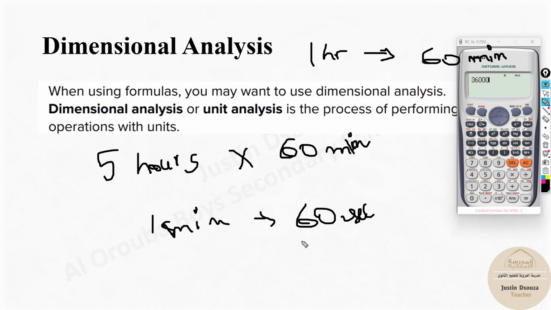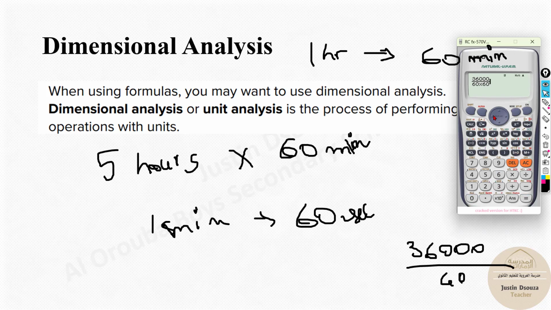I have many seconds over here, 36,000. So I need to get a smaller answer when I'm going to minutes, when I'm going back. So I just need to divide it by 60. What is the answer? 600. But I want it in hours. So I need to again divide 600 by 60, or I can just do it like this.